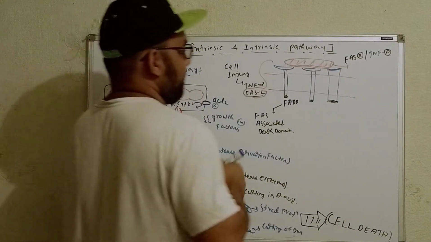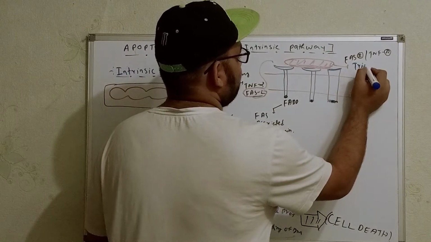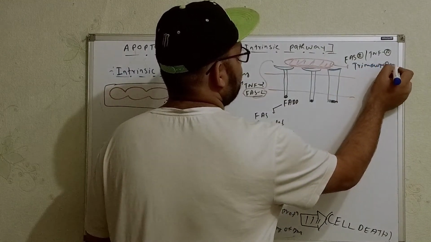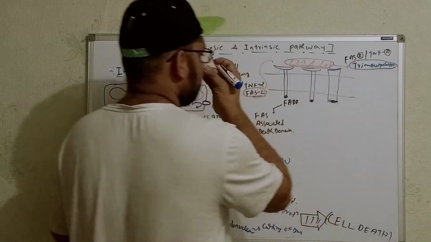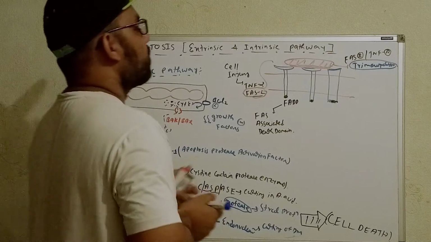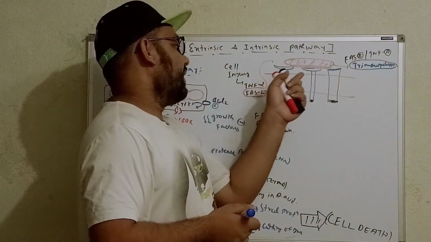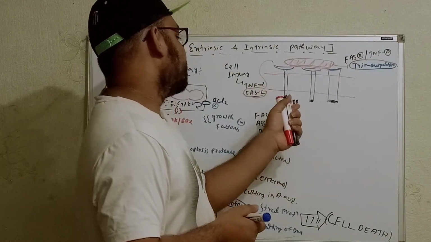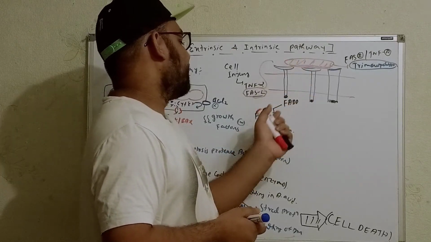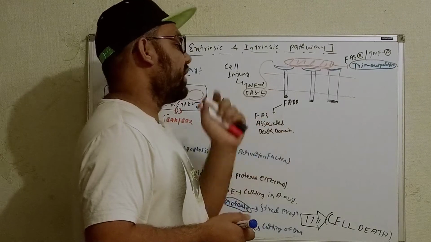Trimerization means 3 things will get bound together. The 3 receptors will get bound with the Fas ligands. And whenever the Fas ligand attaches to the receptors, this FADD, that means Fas associated death domain, will be activated.